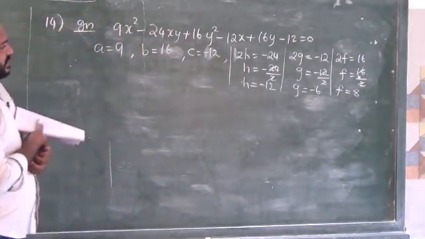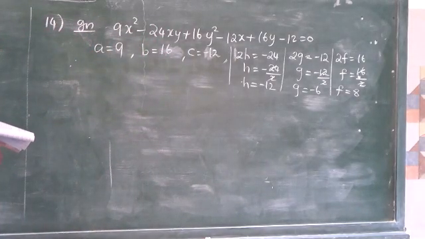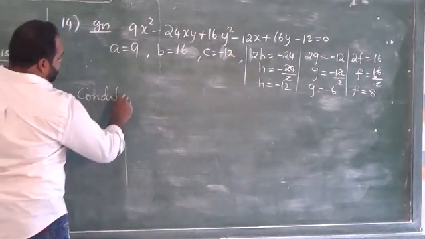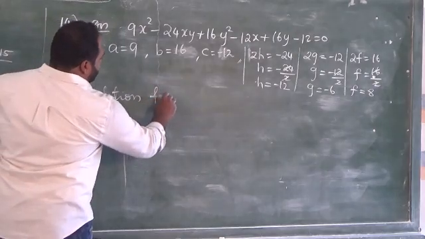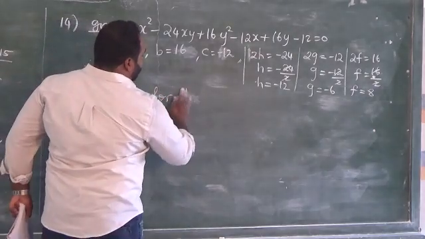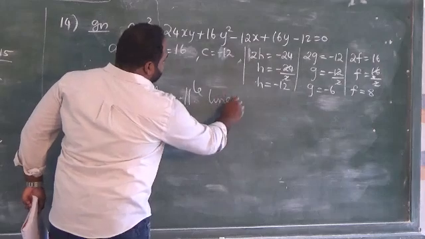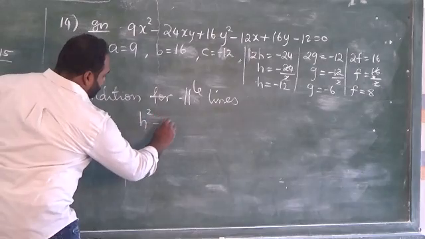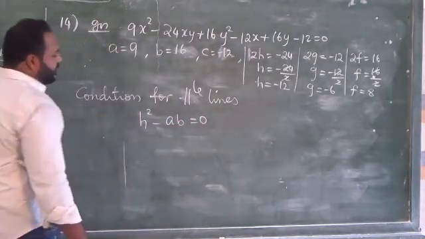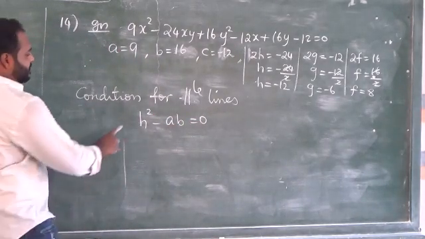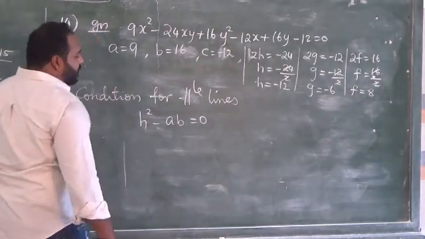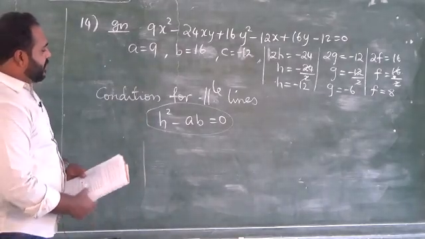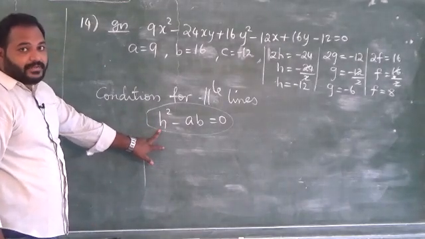After cancelling all these, we can go for the conditions. The condition for parallel lines is h square minus ab equal to 0. If this equation is satisfied by the given values, immediately we can say that the lines are parallel.